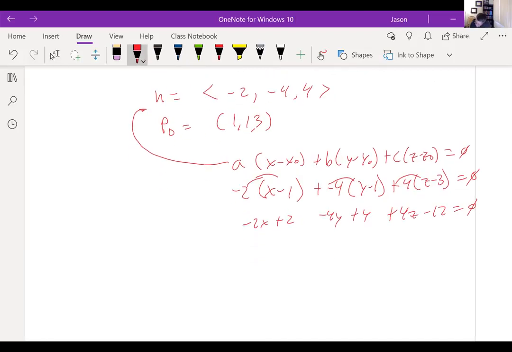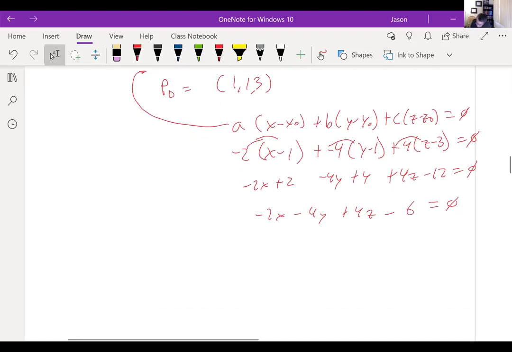So this gives me negative 6, so negative 2x minus 4y plus 4z minus 6 equals 0.